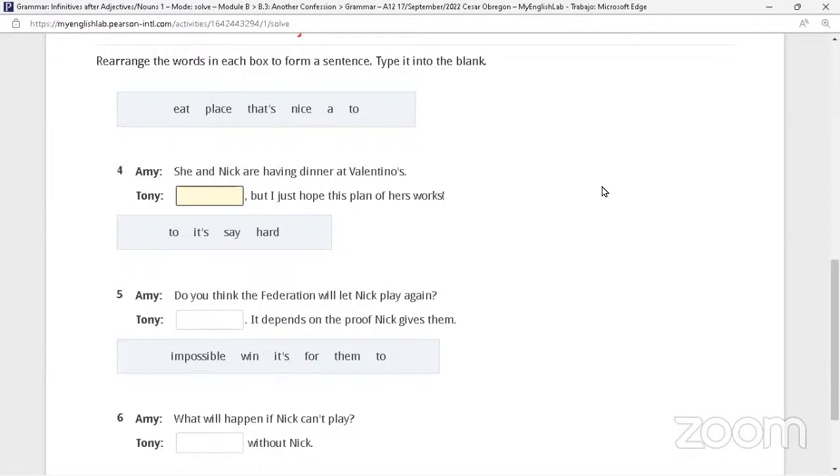That's a nice plate to eat. Do you think the Federation will let Nick play a game?